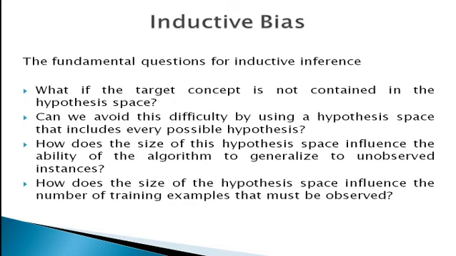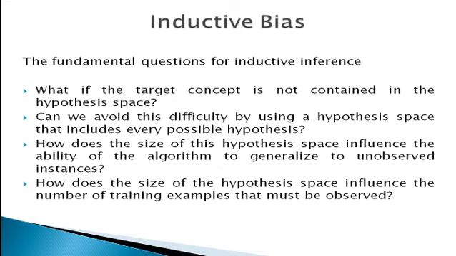As we discussed earlier, the candidate elimination algorithm will converge toward the true target concept, provided it is given accurate training examples and provided its initial hypothesis space contains the target concept, right?